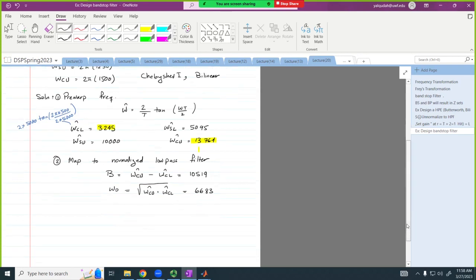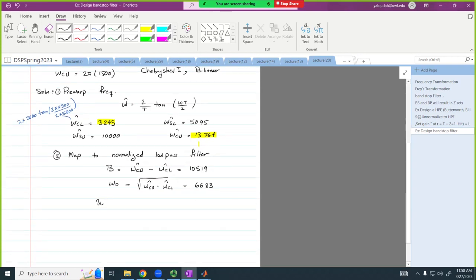And therefore, we can transform the frequencies using omega nu is going to equal B W divided by omega 0 squared minus W squared, which is going to equal 10519 W divided by 44,662,489 minus W squared.